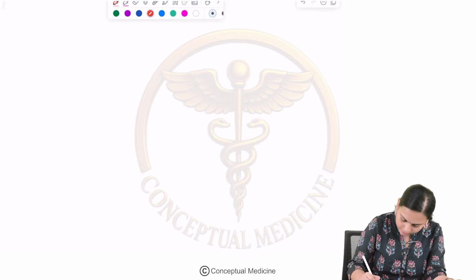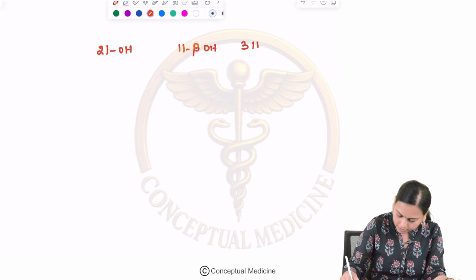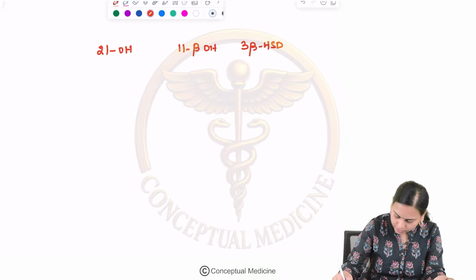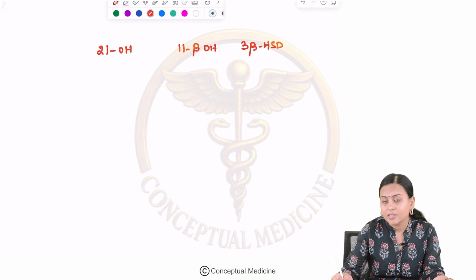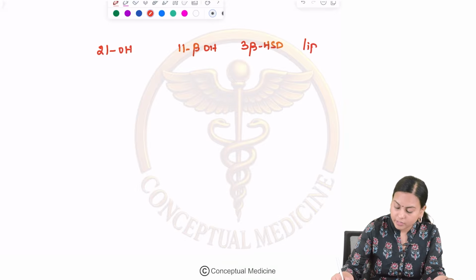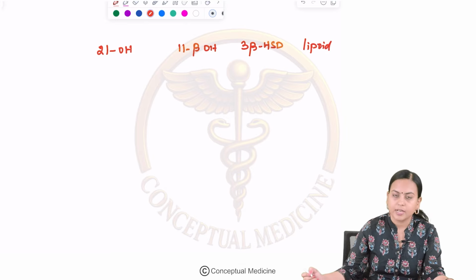So, let us see, it is 21 hydroxylase deficiency, 11 beta hydroxylase deficiency, 3 beta hydroxysteroid dehydrogenase deficiency, and the 4th type, that is the non-classic type, also called lipoid congenital adrenal hyperplasia.